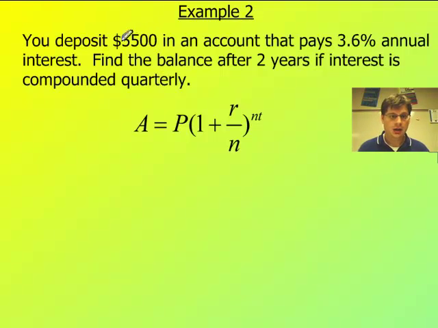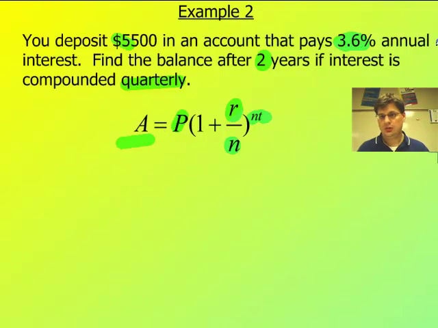The 5,500 is our principal, so that goes in P, and the 3.6% goes in R as a decimal, so 0.036. The 2 years goes into T up in the exponent, and quarterly means 4, and that goes in 2 places, n here and n there, and then when we work that out, that'll give us A.